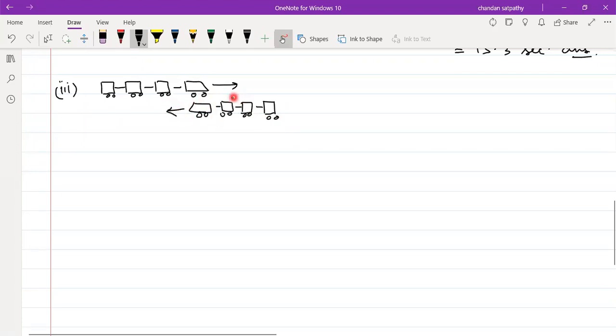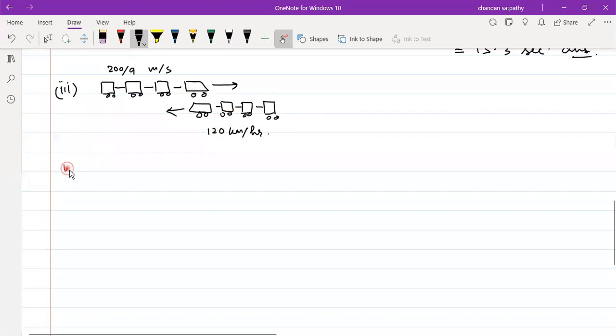So first train speed already given is 80 km per hour, means we have converted this into 200 by 9 meter per second, and this train is traveling in how much speed? It is traveling in 120 km per hour. That means now how much time will the first train take to cross the second train?